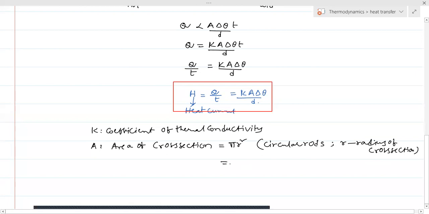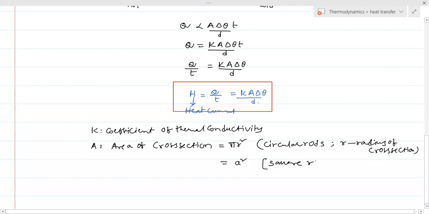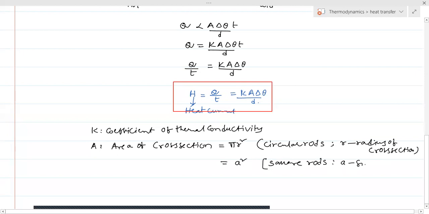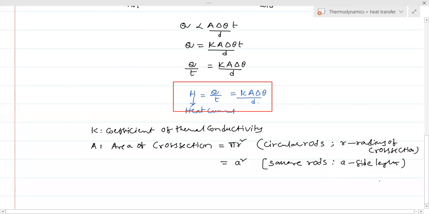For square rods, capital A is equal to a square, where a is the side length. Suppose you have a rectangular rod, they will take length into breadth. But in most cases it is either circular or square.